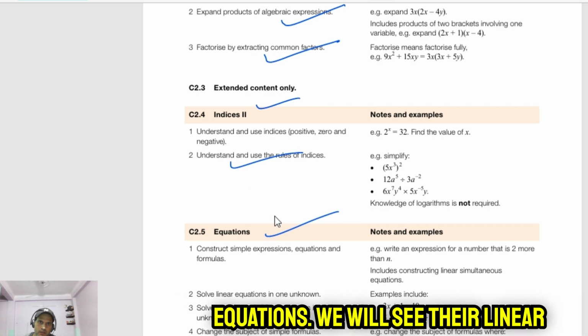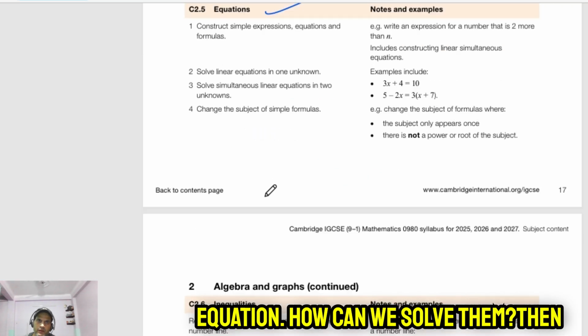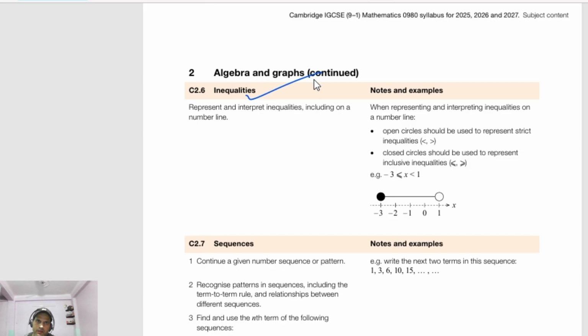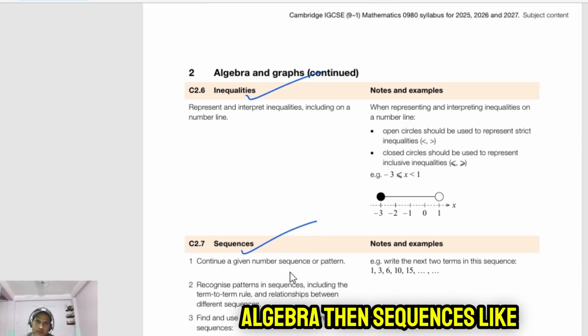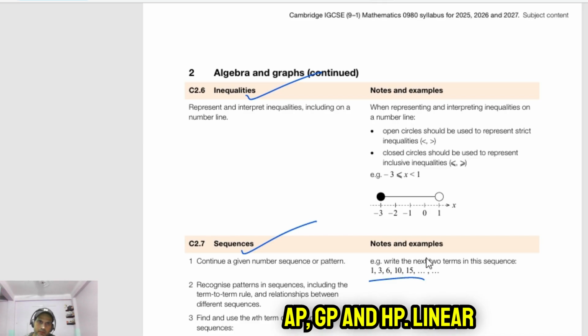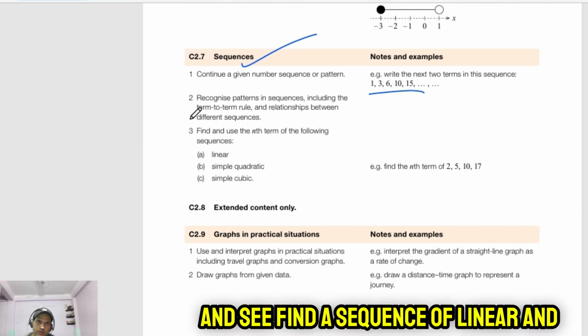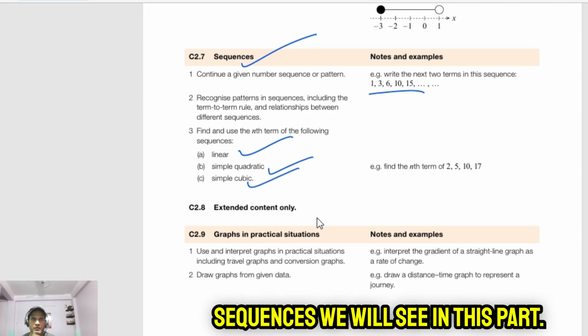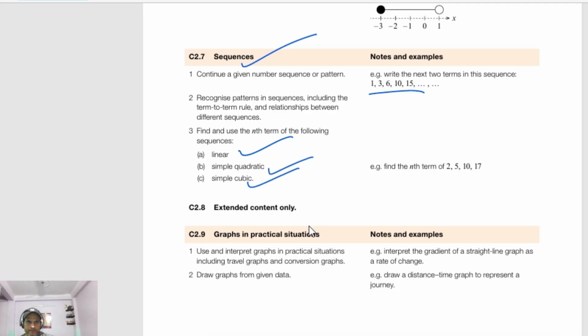Equations: we will see linear equations and how we can solve them. Then we will see inequalities, then sequences like AP, GP, and HP, linear, and we will see linear and simple quadratic and some cubic sequences in this part.